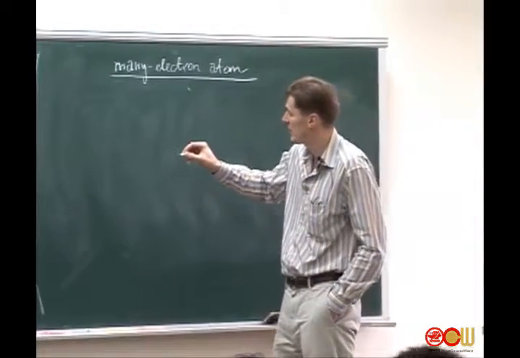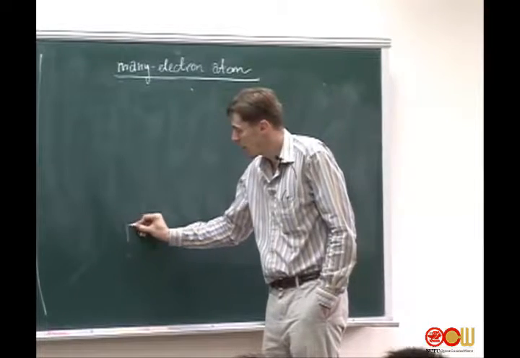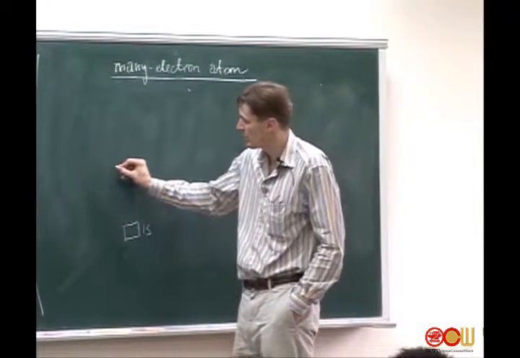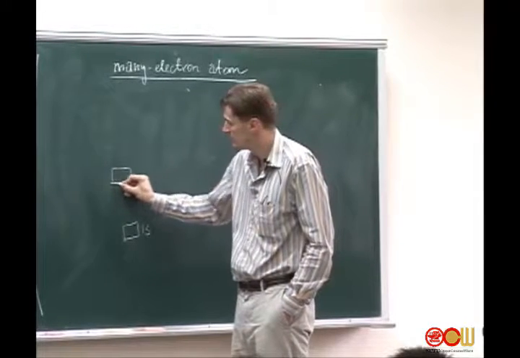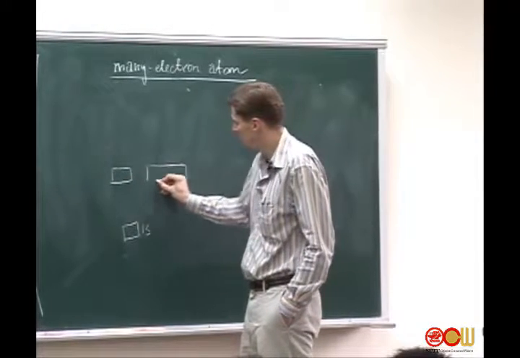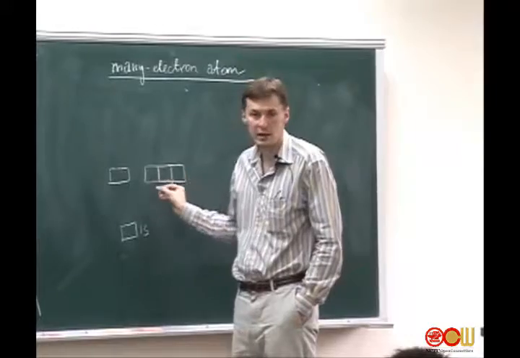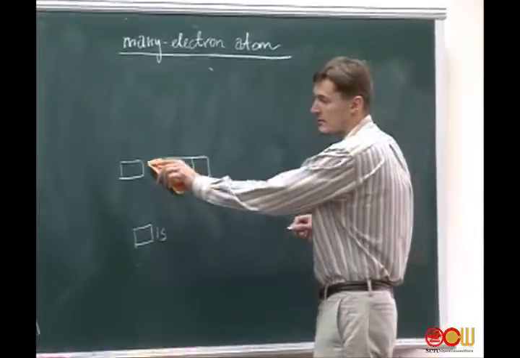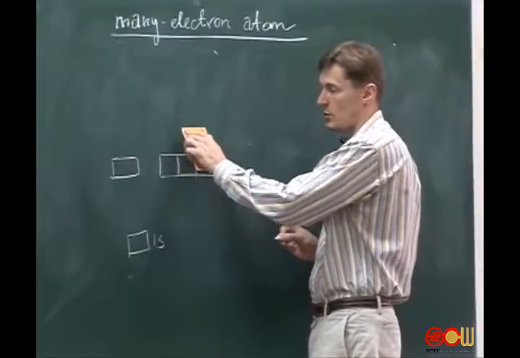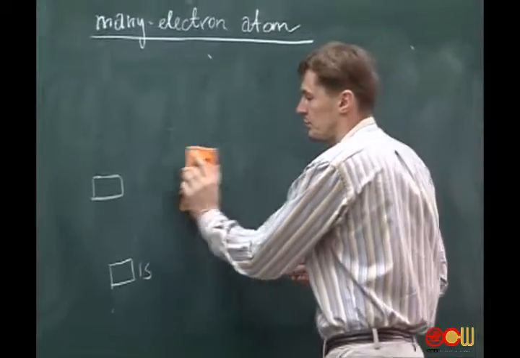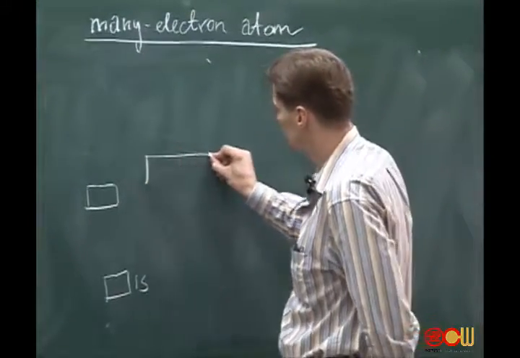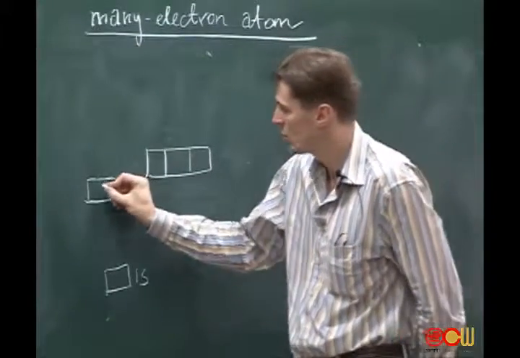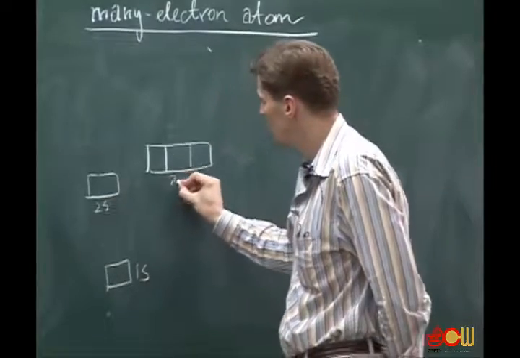The first thing is that the 1s level stays approximately in the same place, but the 2s and 2p don't have the same energy anymore. 2s stays in the same place, but 2p goes up. So 2s, 2p.